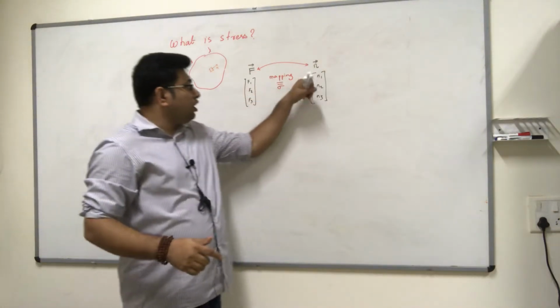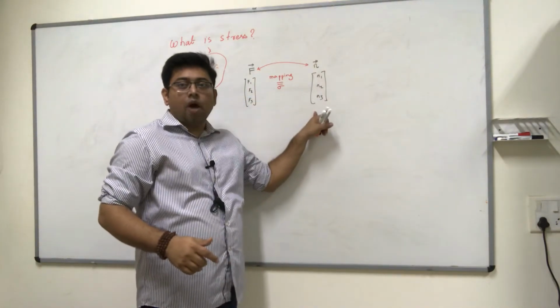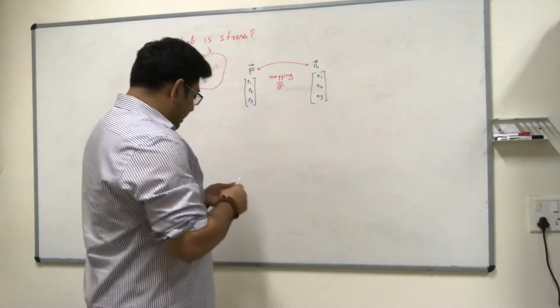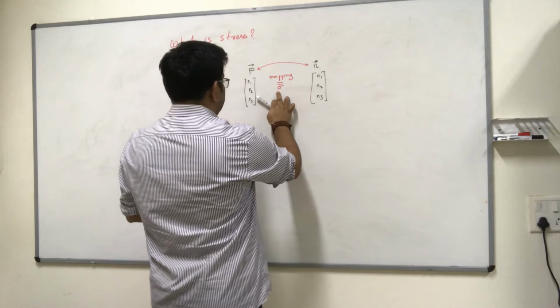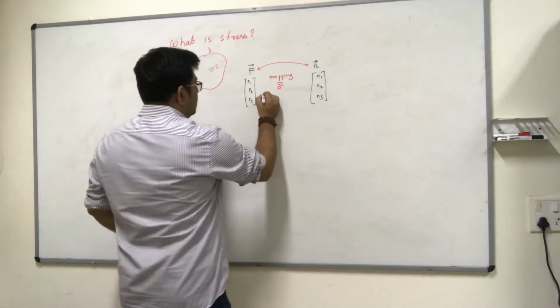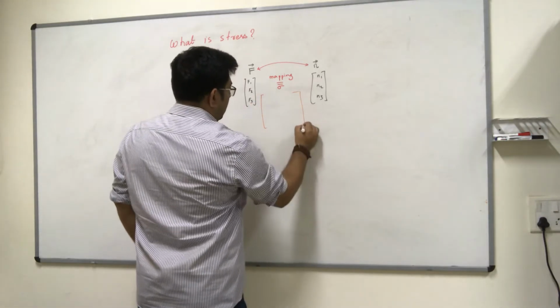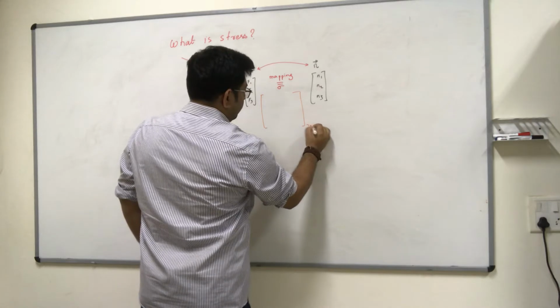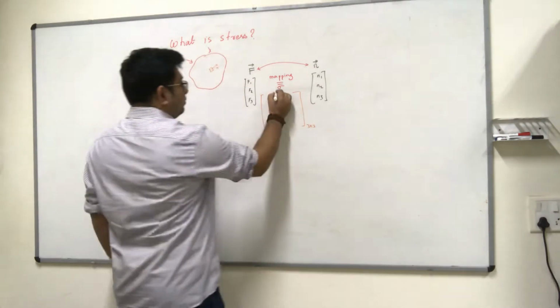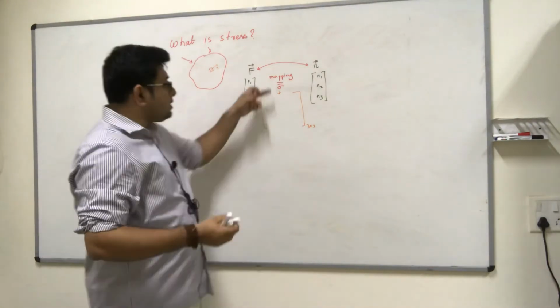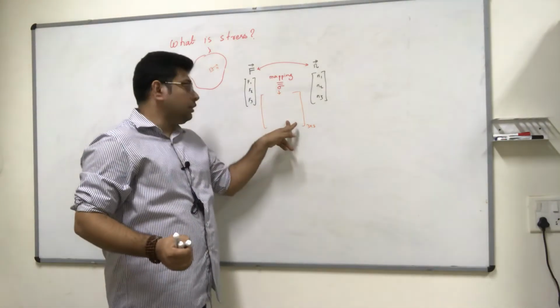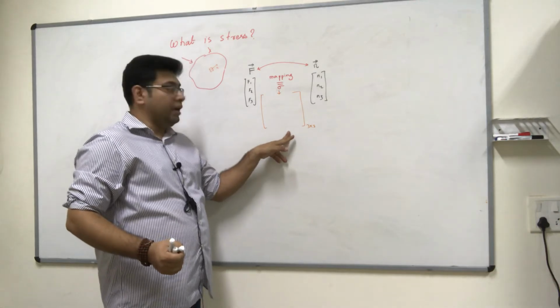So if you have to do 3 of them and thrice, how many numbers do you have? You'll end up getting 9. So my stress tensor becomes a 3 cross 3 tensor, or a matrix. So my stress tensor is equivalent to a 3 cross 3 matrix.